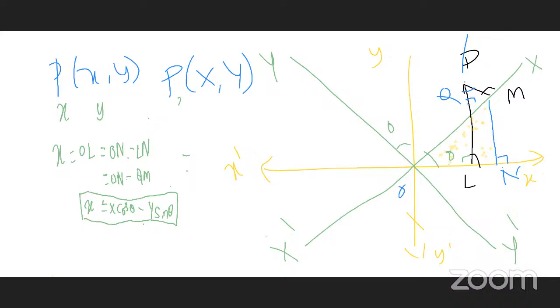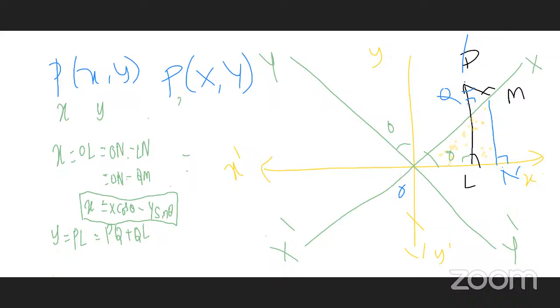Now similarly, we'll find it for small y. Small y value is PL, correct now? So PL can be written as PQ plus QL.